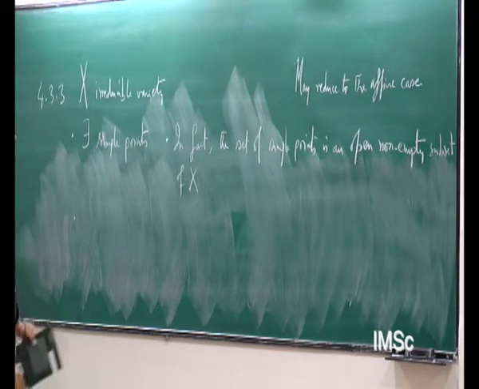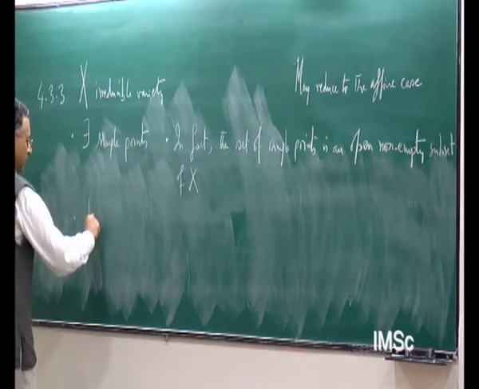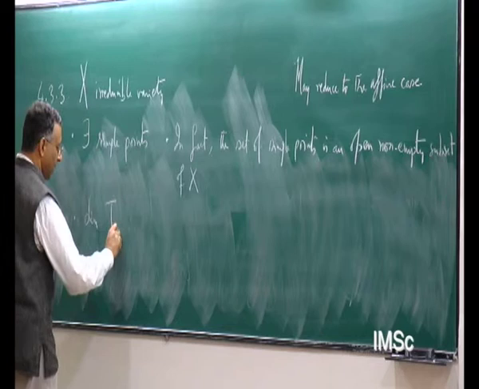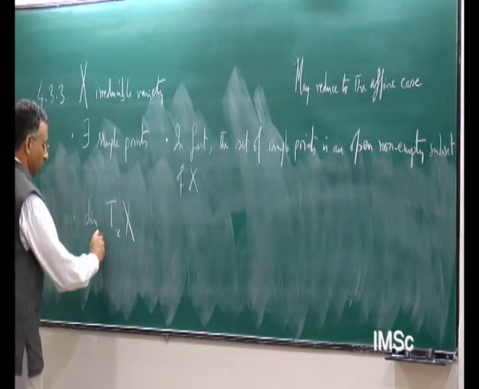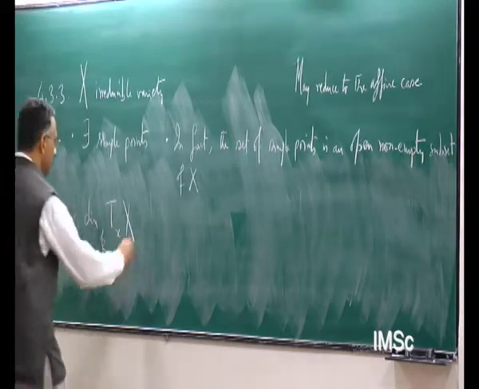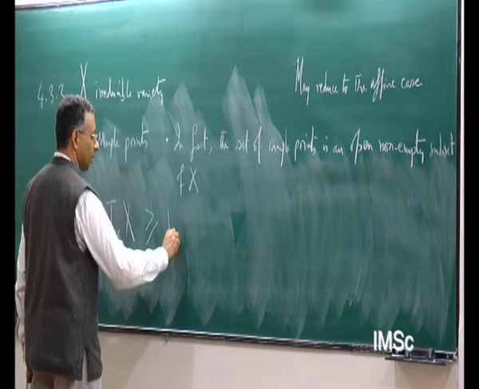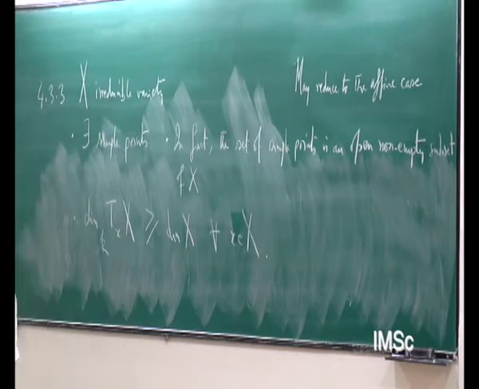Okay. Moreover, if I look at the dimension of the tangent space to X at a given point x, so let's put K here, that K is our underlying algebraically closed field, then this is always bigger than or equal to the dimension of X for all x in X. So what we are saying is the tangent space dimension is always bigger than or equal to the dimension of the variety, and it is equal at most points.